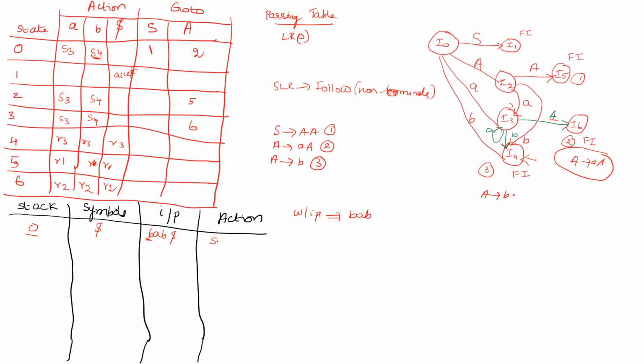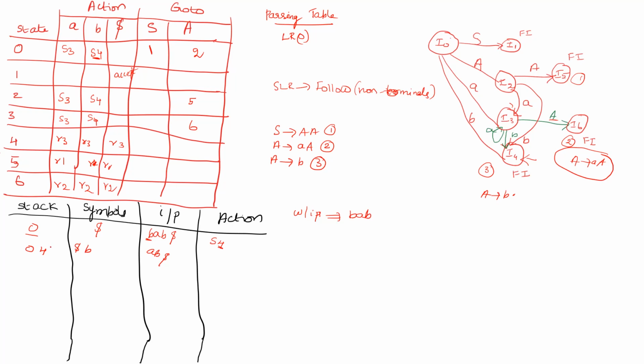That means it is a shift operation, so we are shifting this B. Now your input buffer contains only AB and the dollar symbol, and this is shift 4, so you include that number here. So 0 4.